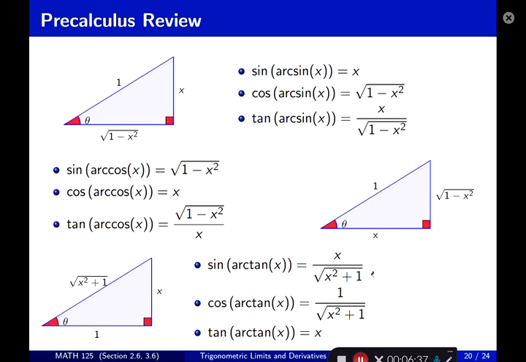And so all of those are done in a similar manner. The other interesting part is that if x is a negative value, the same formula works and you don't have to worry about the sign of it.